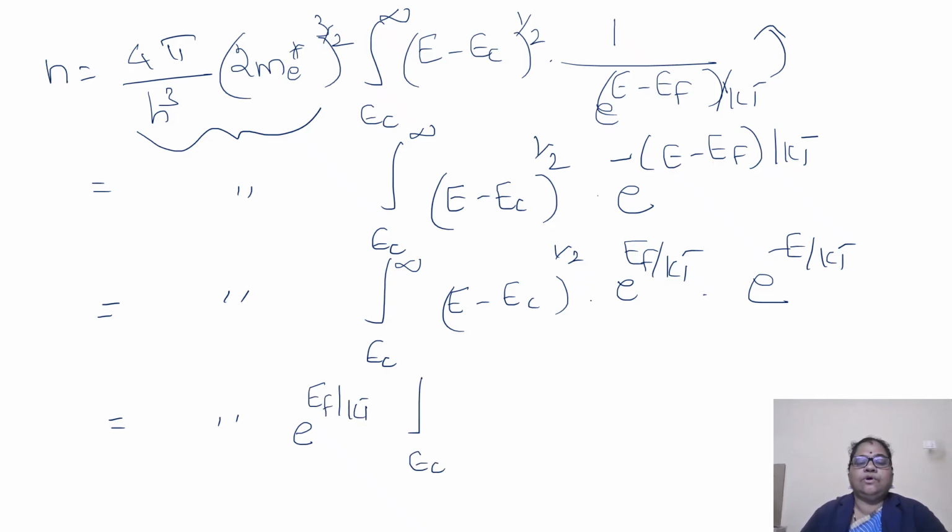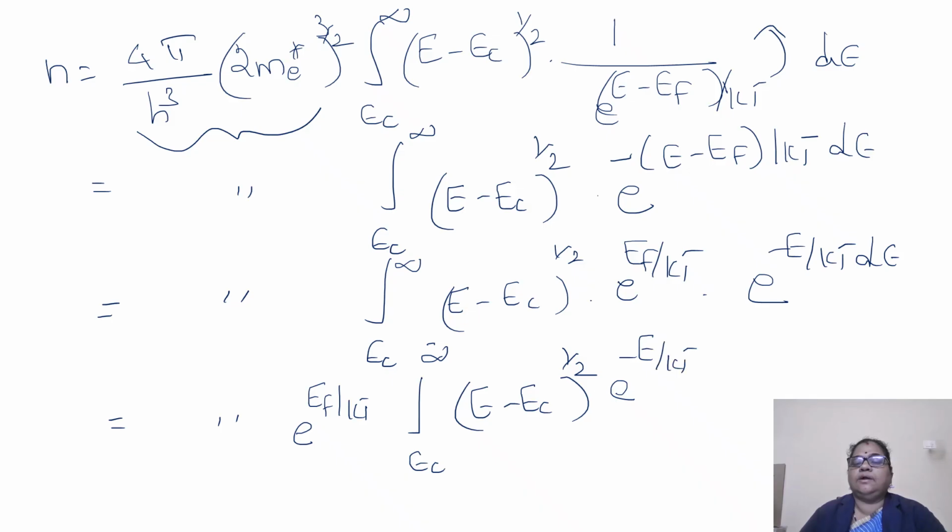So we have the integral from Ec to infinity of (E minus Ec) to the power half, multiplied by e to the power minus E by kT into dE.